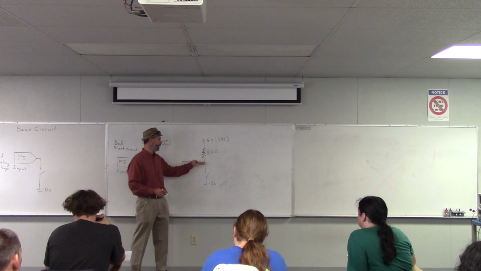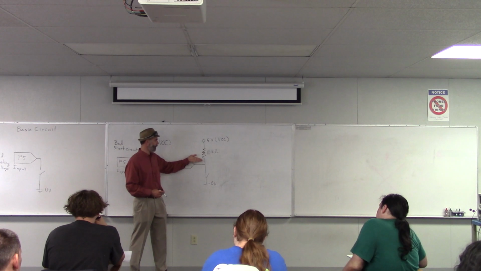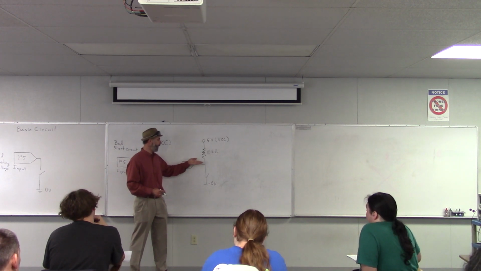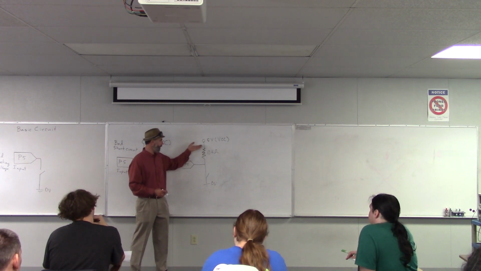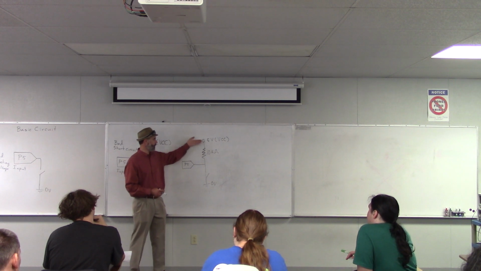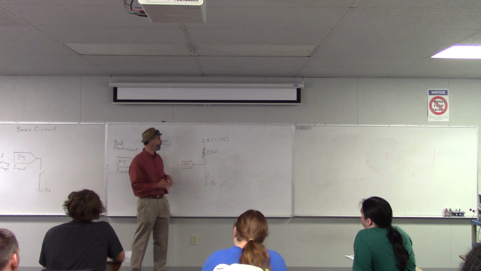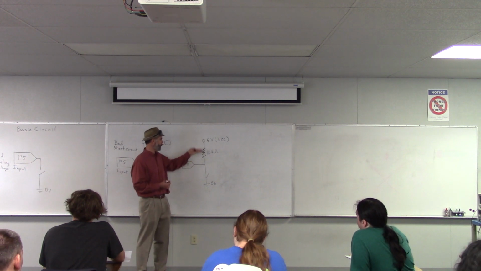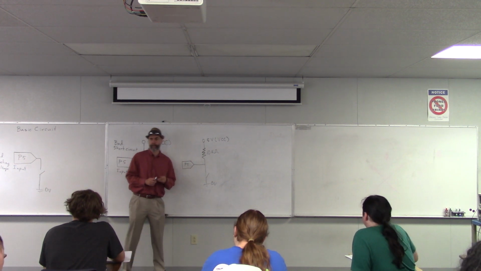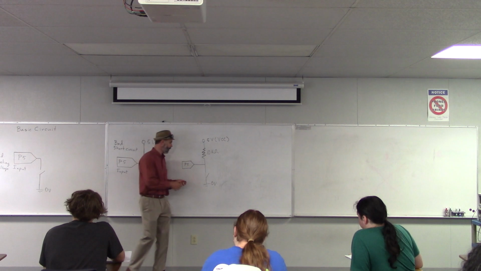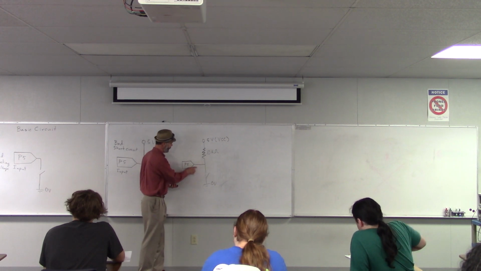This resistor allows a little bit of current to flow through, but it limits that current, so it is no longer going to draw so much that it's going to damage anything. Okay, so when the switch is closed, we have 0 volts at this pin.